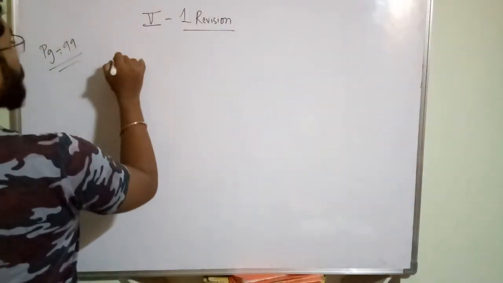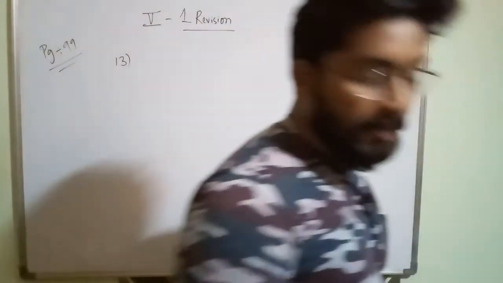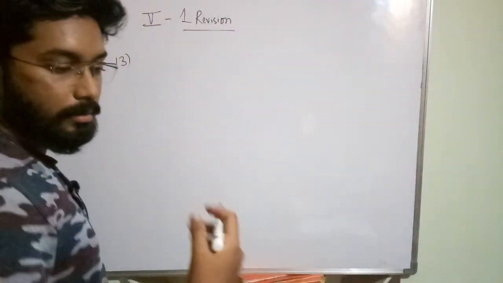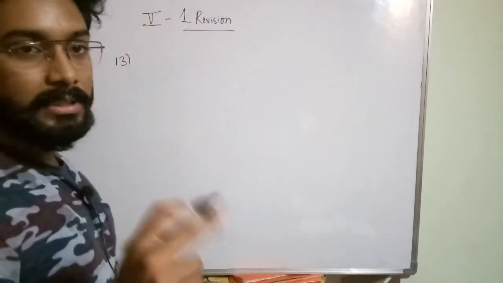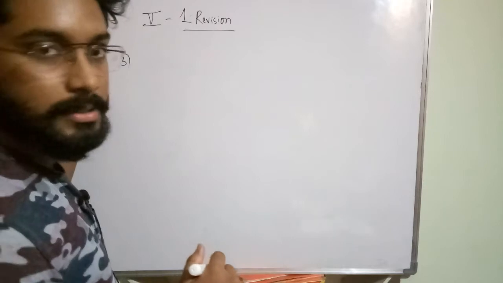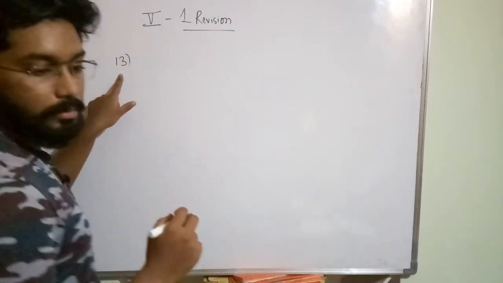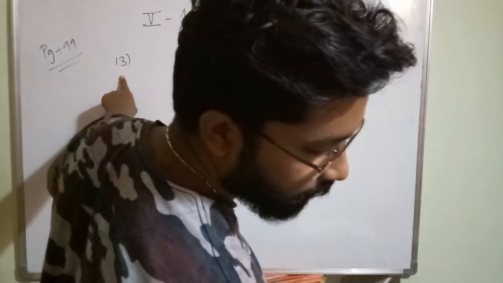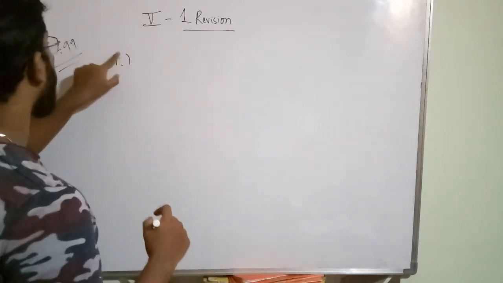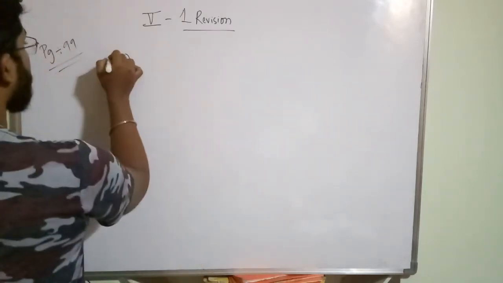We have completed up to the 13th question, the flight from Dubai that takes off at 21:39 hours. Now that the 13th one is completed, we have to continue our class from the 14th question.